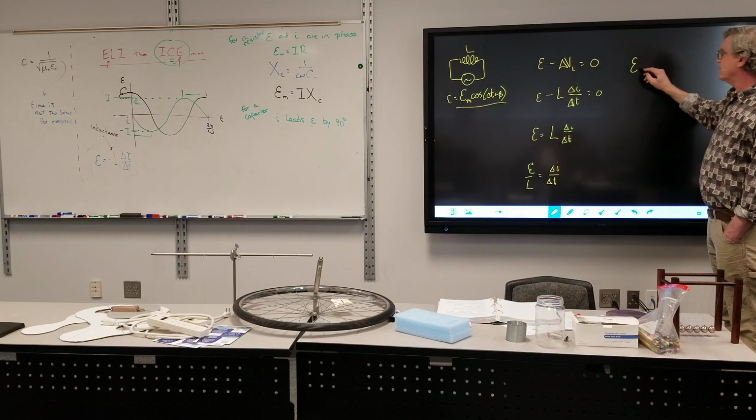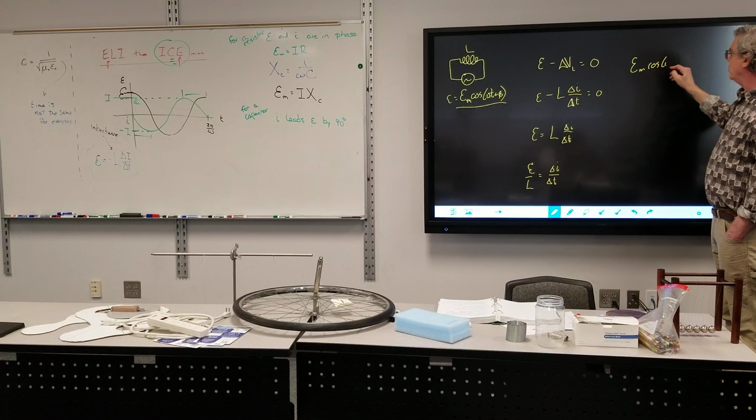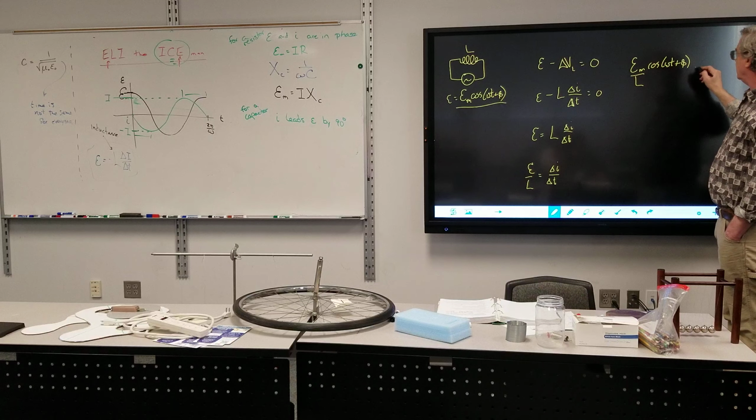So I have epsilon sub m cosine of omega t plus phi over L is equal to the change in the current over the change in time.